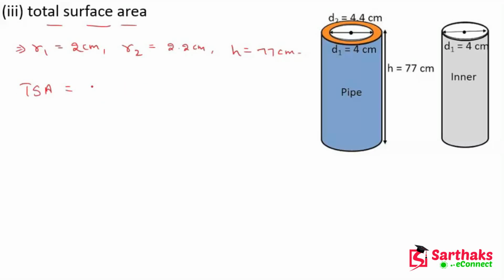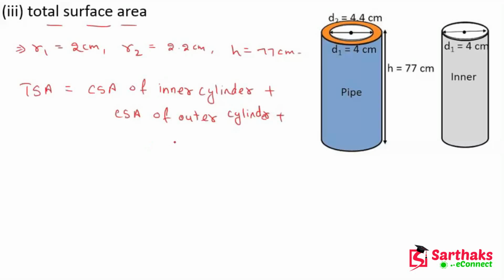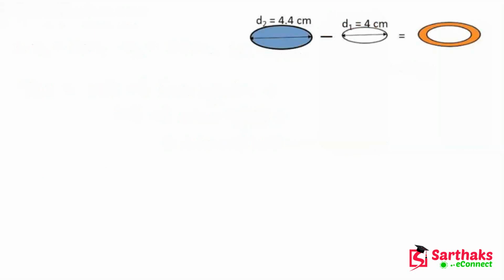So TSA equals CSA of inner cylinder plus CSA of outer cylinder, plus 2 into area of base, because we have two circular bases.